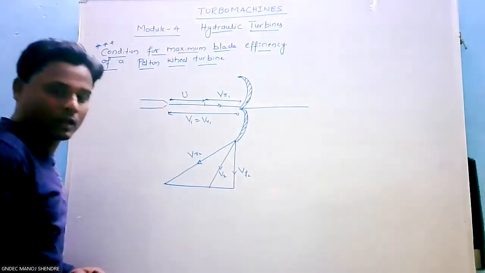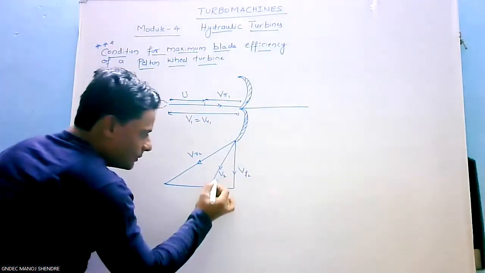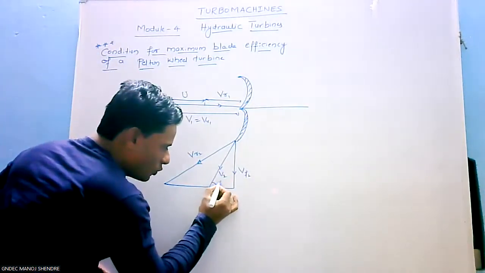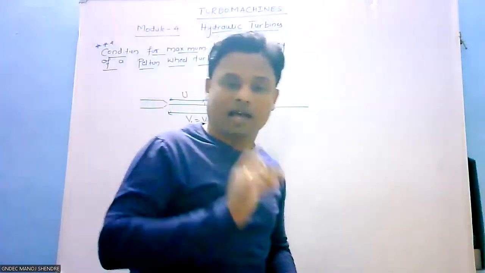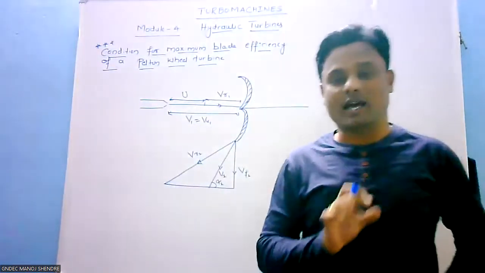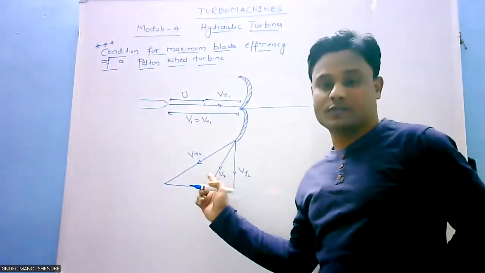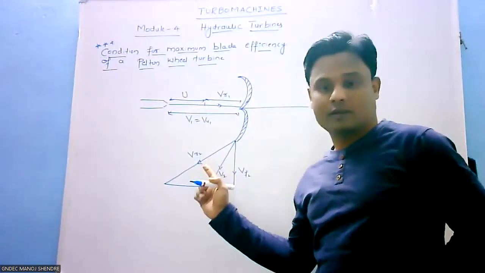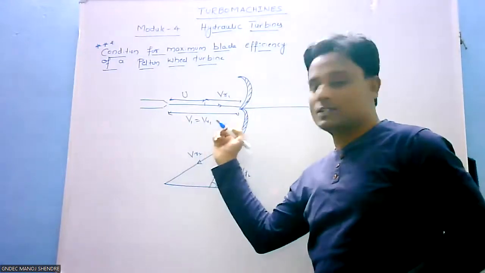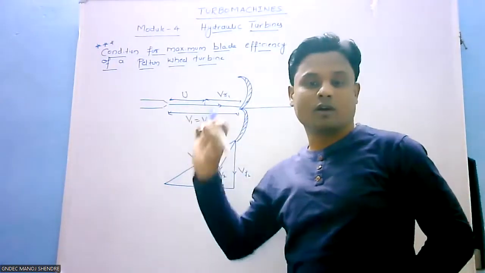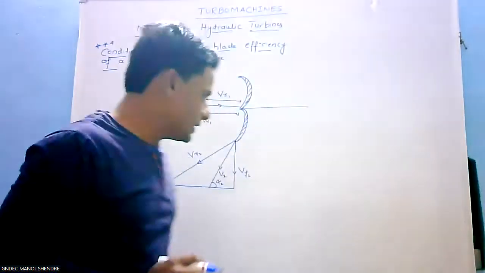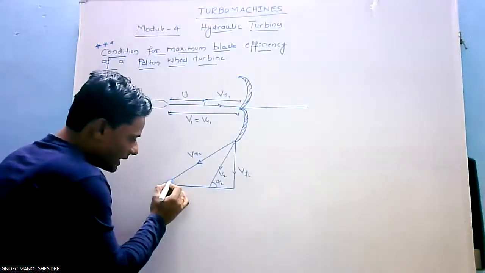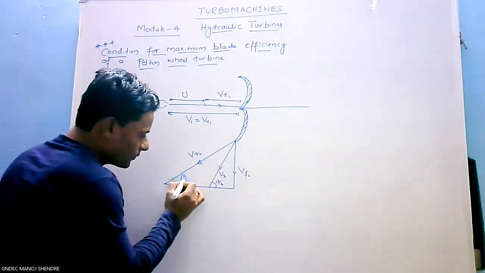Now remember, the angle made by V2 is alpha 2. Alpha is the angle for the absolute velocity. But here V1 is horizontal, so naturally alpha 1 will be equal to 0. Similarly, beta 2 is the angle for VR2.